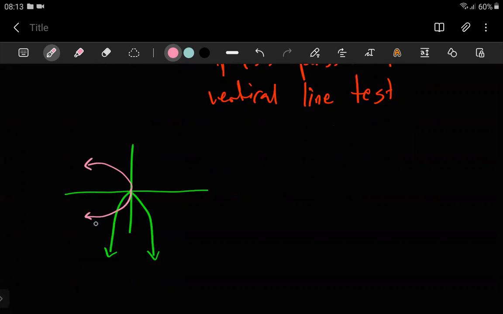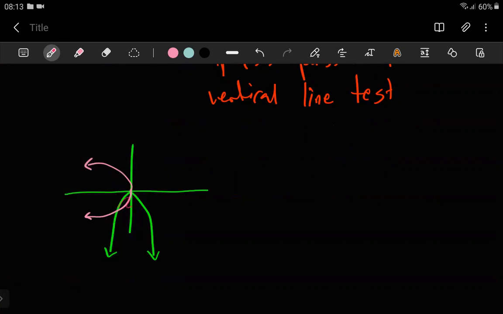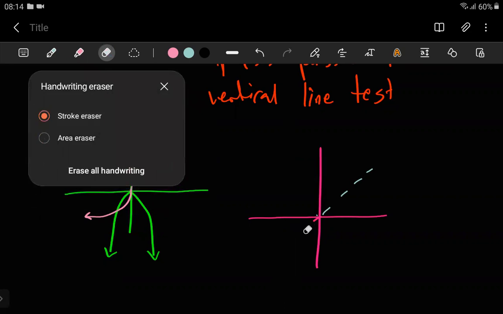So you want to remember that if you are only dealing with, let's say, one portion of this sketch here, say you're only dealing with the right hand side like that, your line of inverse should always help you to see what your other graph will look like. So let me maybe do this here.